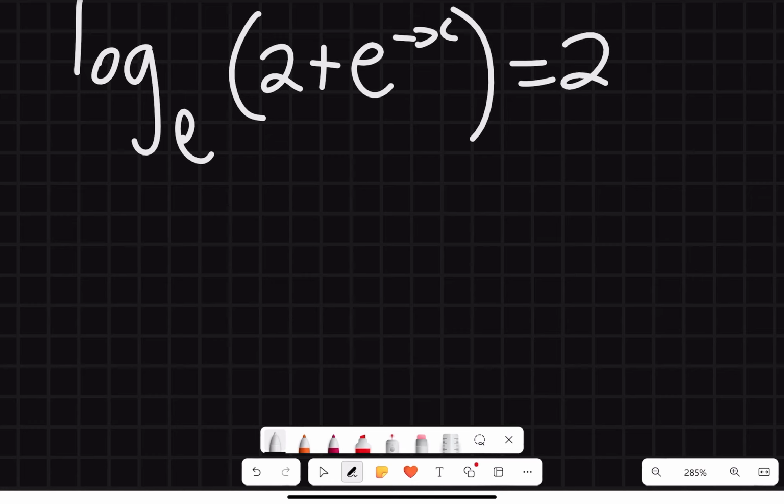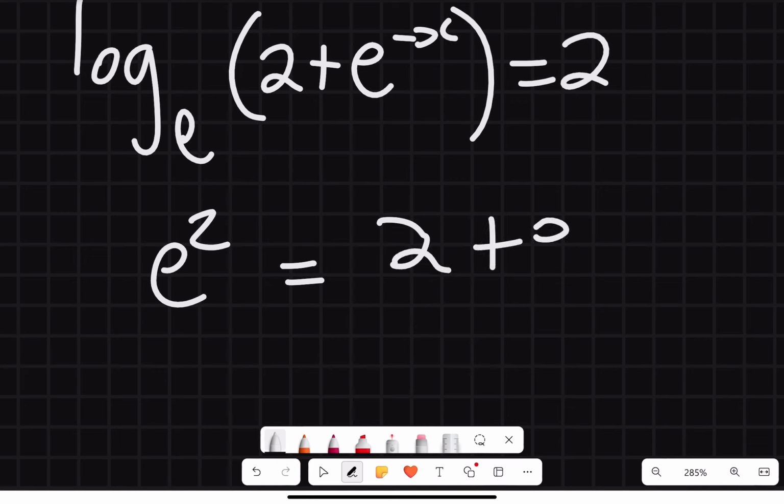Remember, this is the base, this is the exponent, this is the answer. So the index of a log is the answer in the exponential expression. So I'm going to take this back to exponential form. It's basically e, which is the base of the log, to the power 2 must give us an answer of 2 + e^(-x).